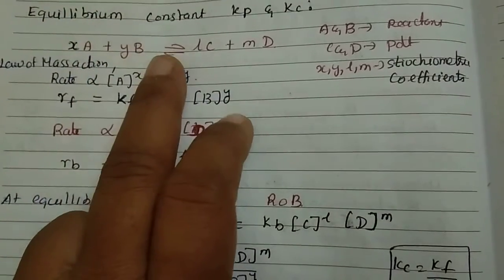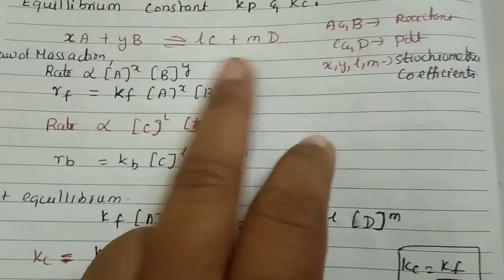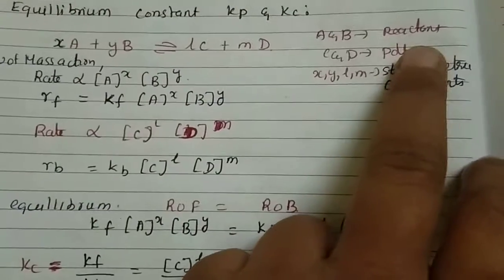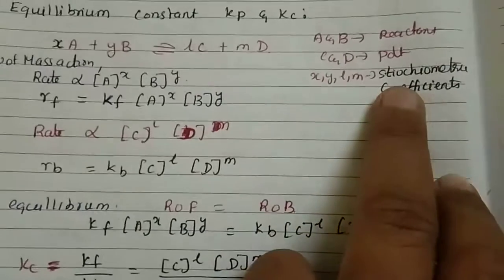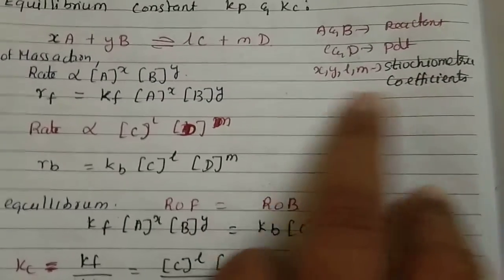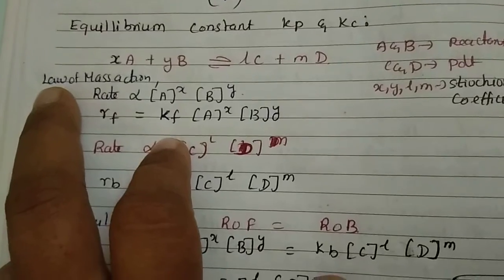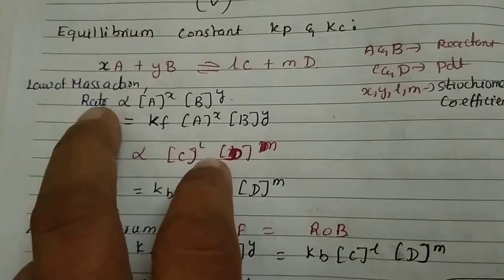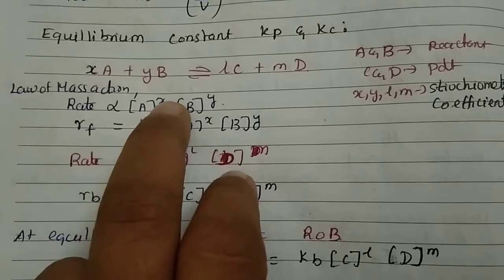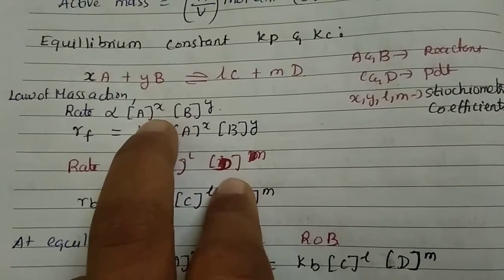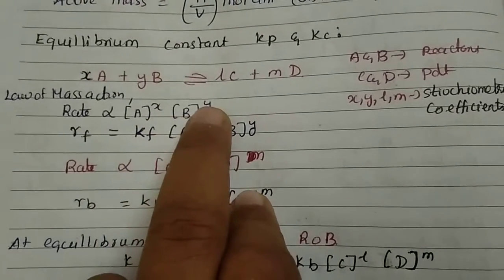xA plus yB gives lC plus mD. So A and B are reactants, C and D are products, and x, y, l, m are stoichiometric coefficients. According to the law of mass action, rate is directly proportional to the reactant concentrations, so the coefficient will be the superscript: A power x, B power y.